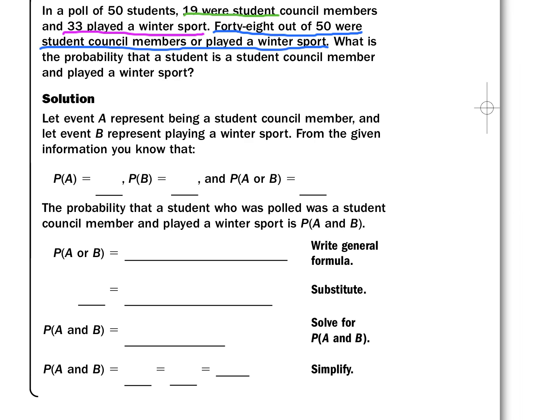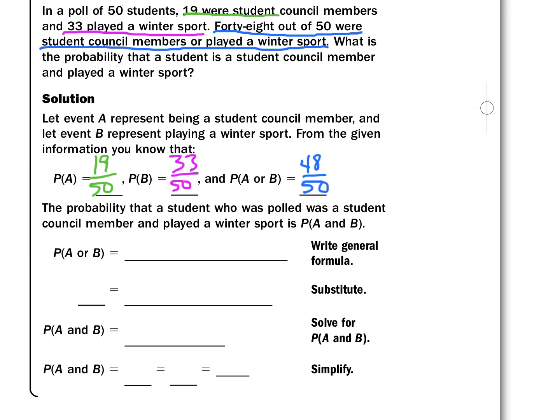So from the given information, we know that the probability of being a student council member was 19 out of 50. We know that the probability of being in a winter sport was 33 out of 50. And the probability of being in one or the other is 48 out of 50.